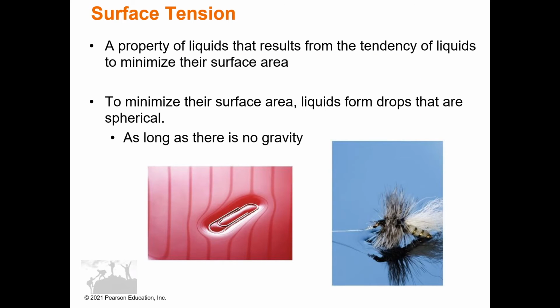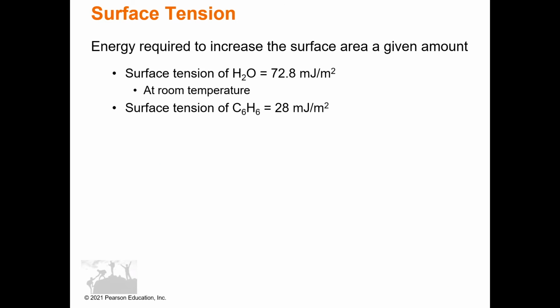So when we see an object just sitting on top of the surface of a liquid, that liquid is trying to minimize its surface area. So if the object is light enough, then the surface of that liquid will not break. Surface tension is the energy needed to increase the surface area of a substance by a certain amount.